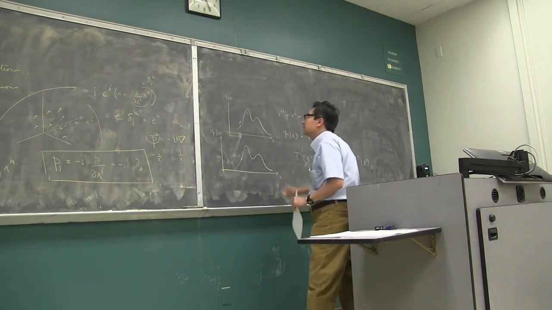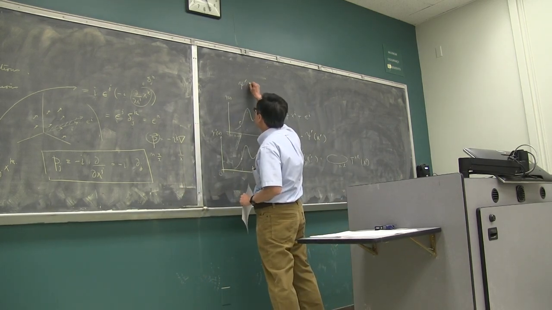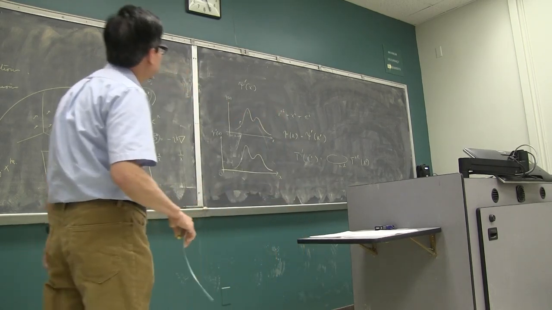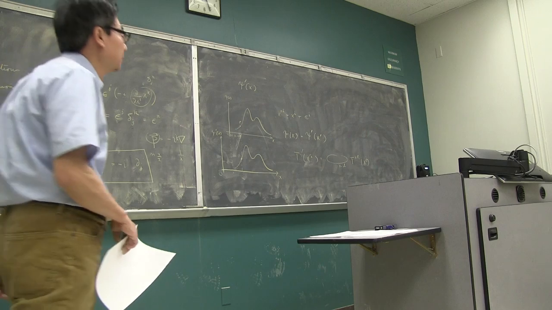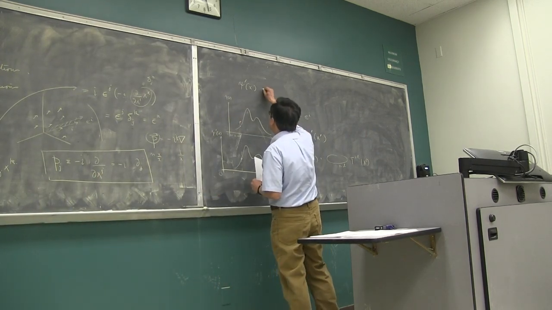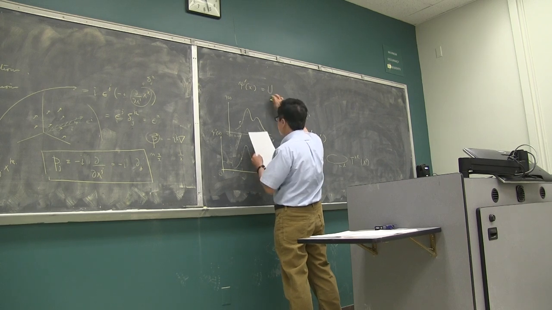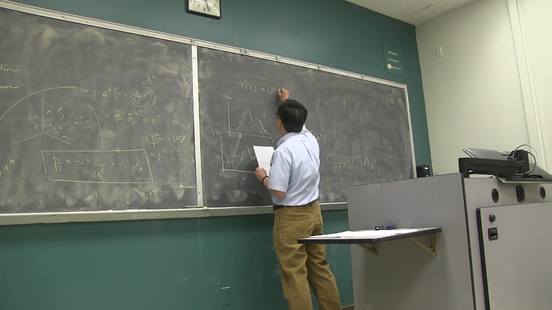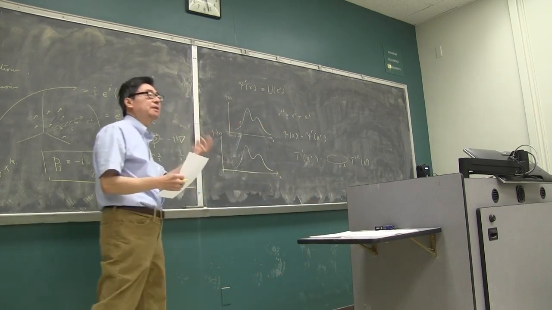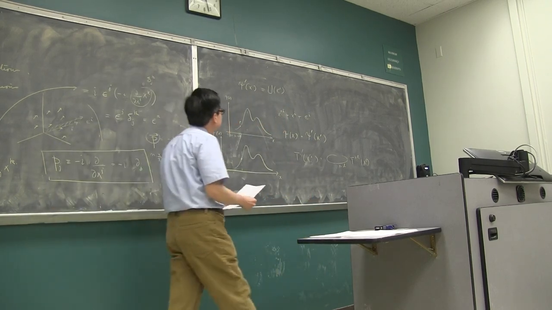Supposing I write this new function, but I want to express it in terms of the old coordinates, okay? And I'm going to try to write it like this, that this is some operator which I'm going to call U. The operator is the operator that produces infinitesimal transformations.